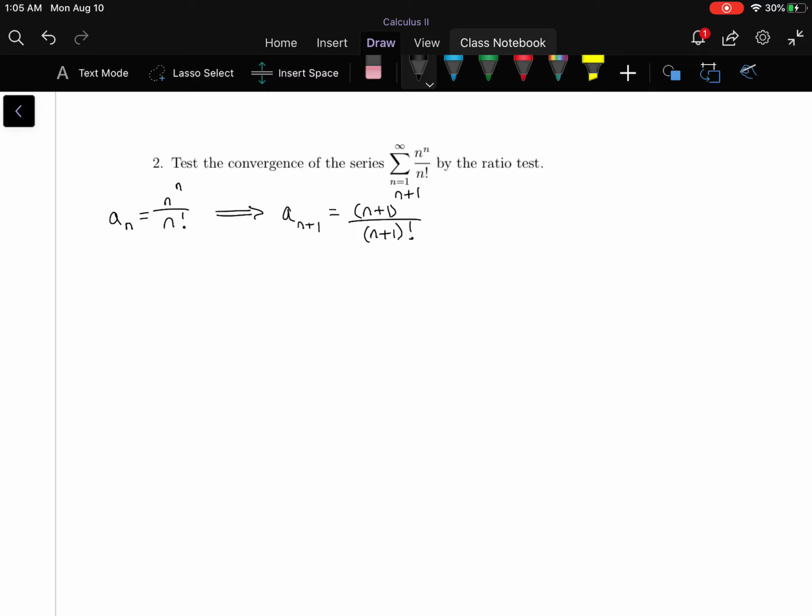And what we're going to be interested in for our limit is a_(n+1) divided by a_n. So now that we have those two terms, we could write them out. We've got (n+1) to the (n+1) power over (n+1) factorial divided by n to the n over n factorial. This is going to be the same thing multiplied by the reciprocal of the bottom.